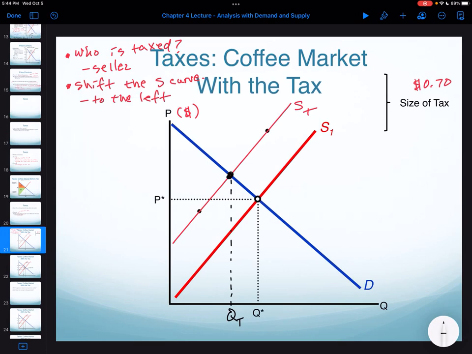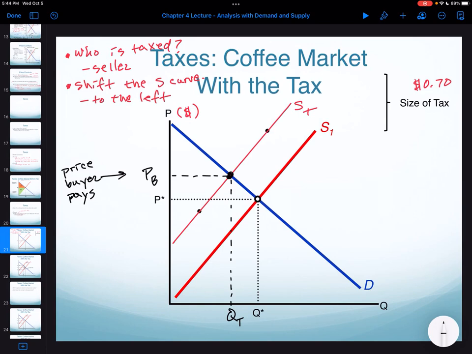Okay. Let's go over here and put in our price. Okay. Now, this is the new price that the buyer pays. Okay, so price, buyer pays.